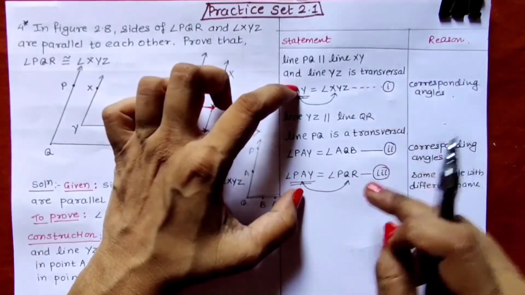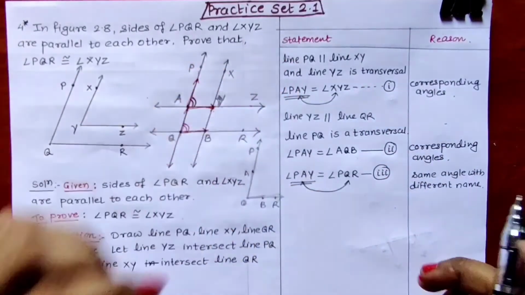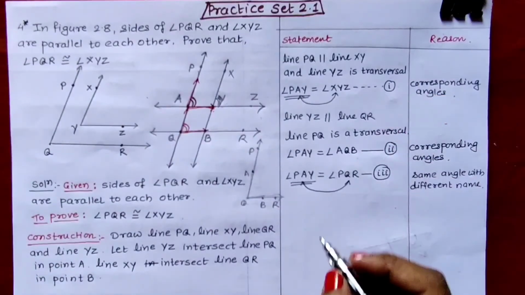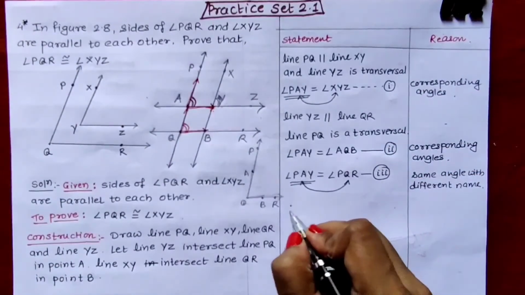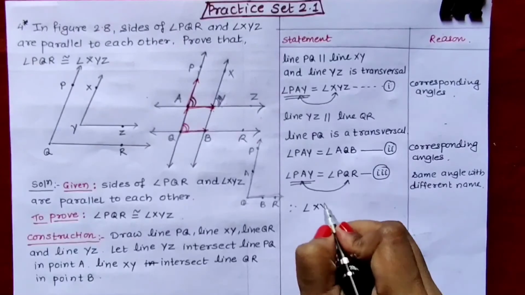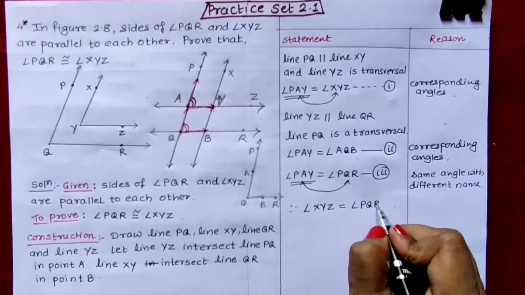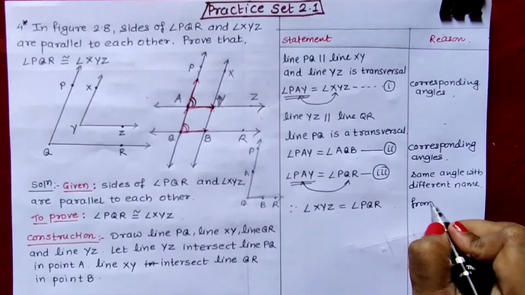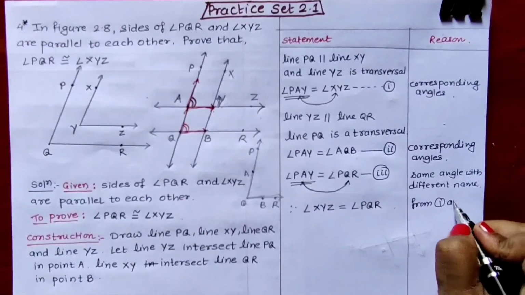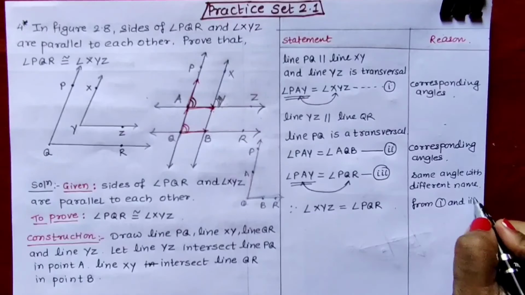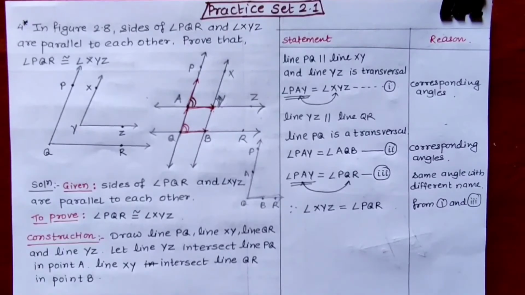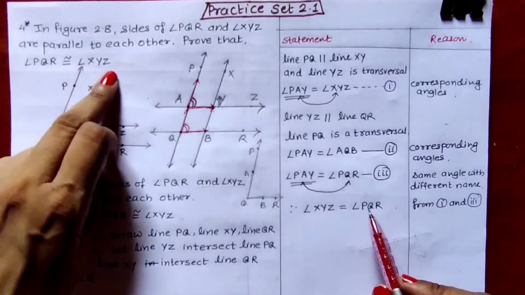Okay, automatically right hand side will become equal. And that's why from 1 and 3 what we can write, therefore angle XYZ is equal to angle PQR, from equation 1 and 3. And this is what we have to prove, XYZ is equal to PQR.